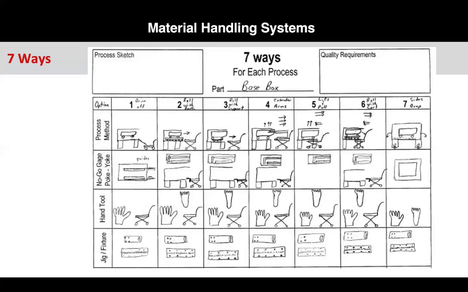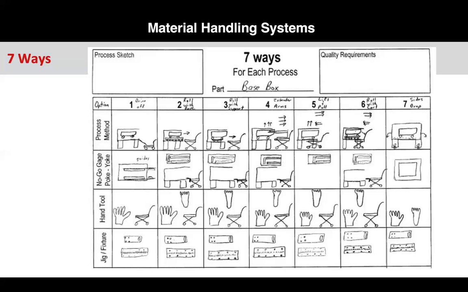Also during a 3P event, you would mock up a design. So you try to do the design out of cardboard or whatever you had, just to see how it looked and worked. Okay. So anyway, that goes a little bit heavy into the seven ways, but again, I think it's important to have this knowledge, that a good way to compare is the seven ways.